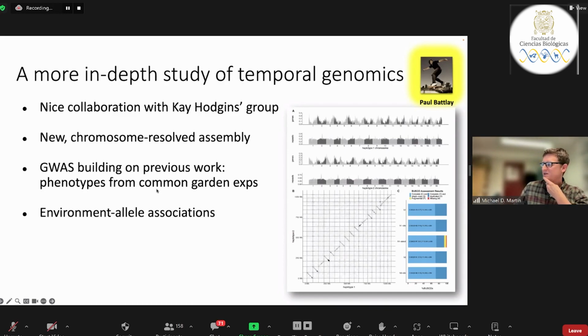So the next study was about investigating, using information about what's known from actual phenotypes in these populations in Europe and North America. Basically, some previous work had been done collecting seeds from these populations and growing them in a common garden environment, and then tracking the traits of the plants and associating that with the genotypes.